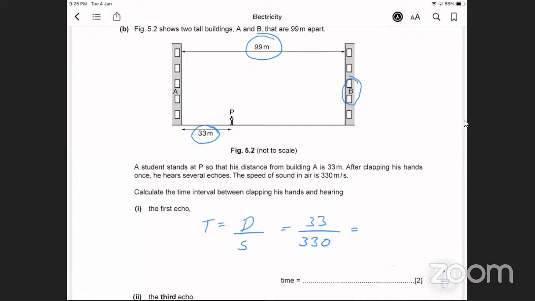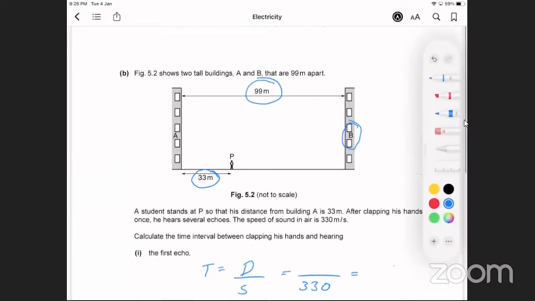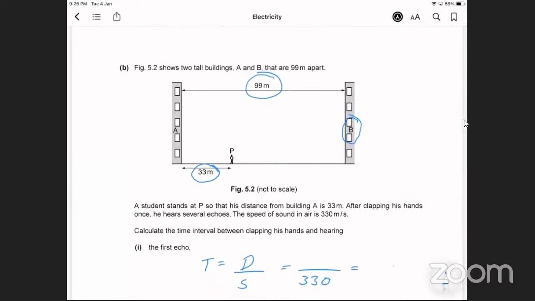is it 33? No, it shouldn't be 33. So what's the distance that I'm using? Remember, this is an echo. So what distance am I using? Is it the entire 99? No. So isn't it just 33? No. From clapping.